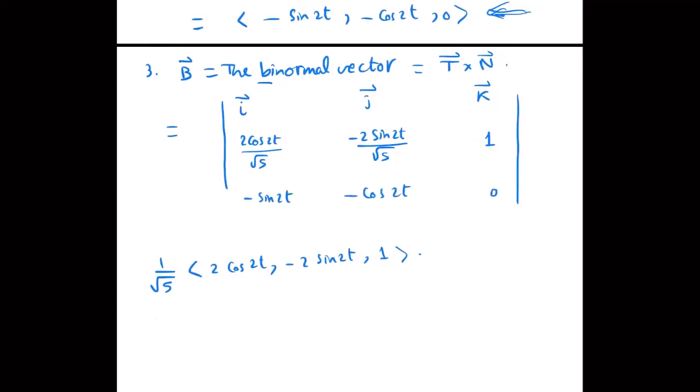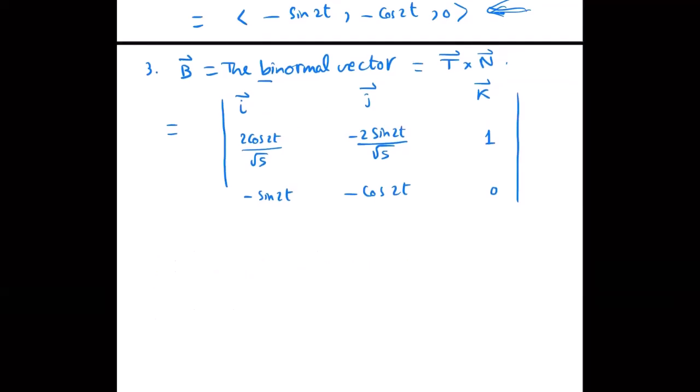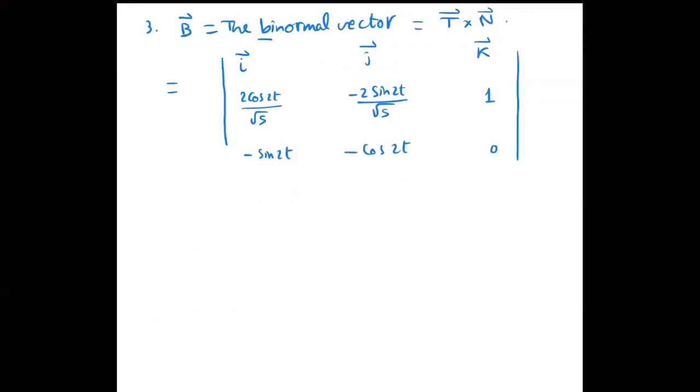So we multiply this sort of multiplication of vectors, the cross product, to get the binormal vector. So we always need to compute some cross product of vectors. Like last time, we used it as well in the formula of curvature. So it's an important thing we need to practice.